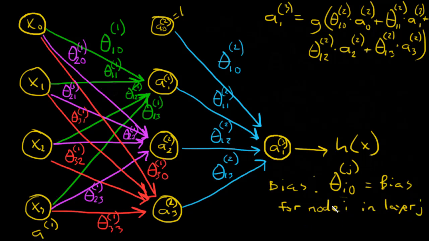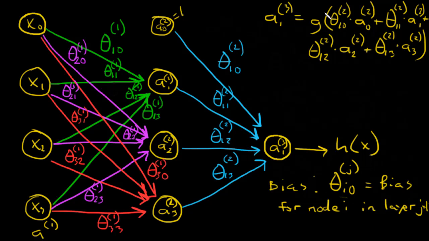Since the bias is always going to be the very first node, the 0th node, this is always going to be a 0, and then it will point to the bias that leads into this value. It's going to be the theta that starts at 0 and leads to this node, so node i, and actually I guess that would be layer j plus 1 if I count it that way. But you get the idea.